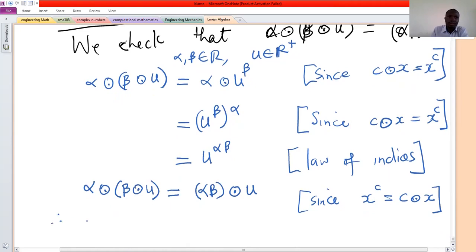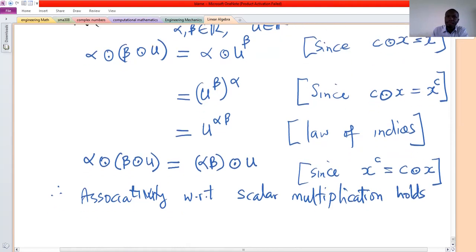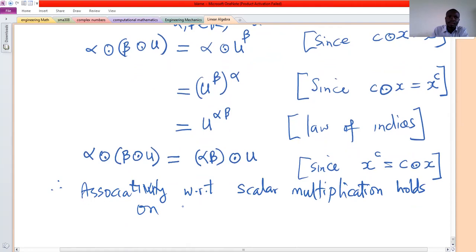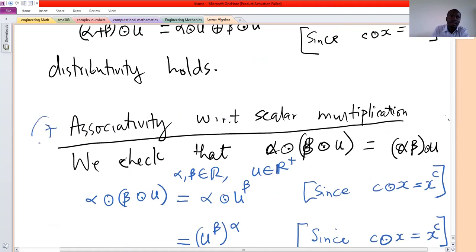And so therefore, associativity with respect to scalar multiplication holds on R plus, not R. And then finally, number 8, this was 7.